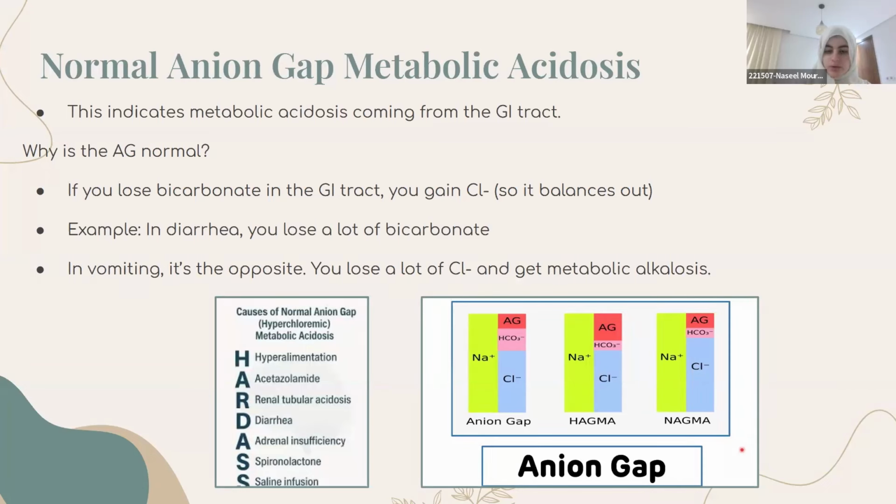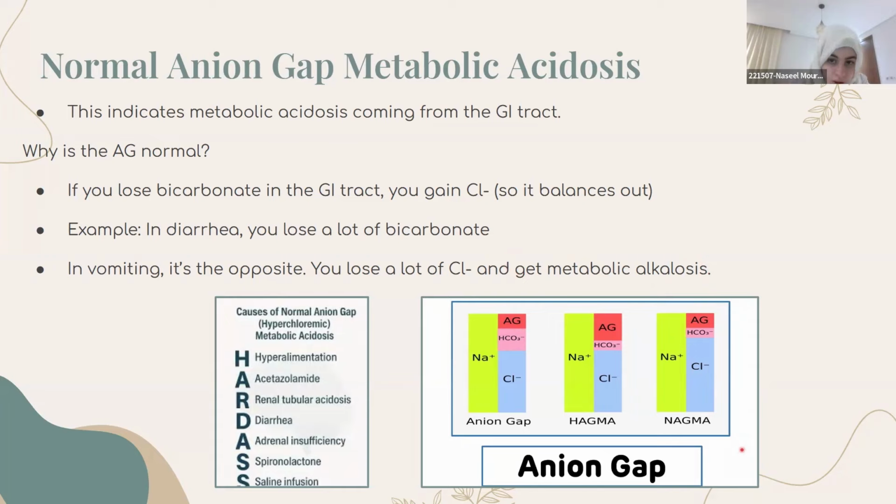So in vomiting, the concept is the opposite. In vomiting, you're losing a lot of chloride, and so you get metabolic alkalosis. I'm not going to go into details of that. But in vomiting, you also lose a lot of acid, because it comes from the stomach. The stomach has acid, it has hydrogen. This is just an interesting fact.